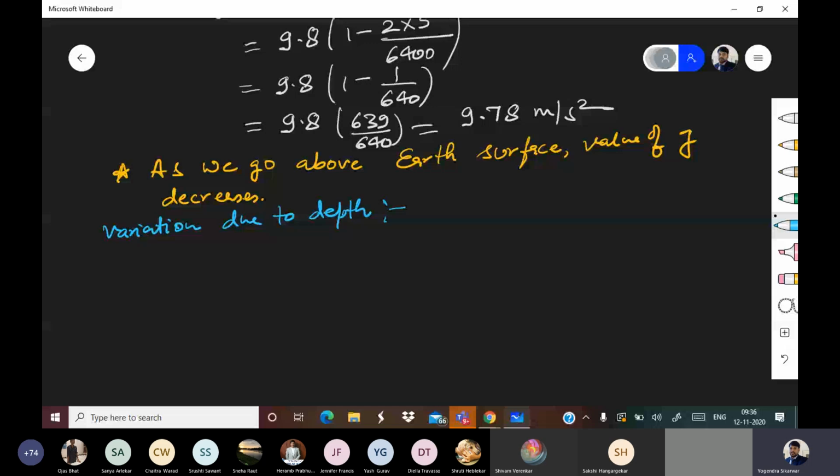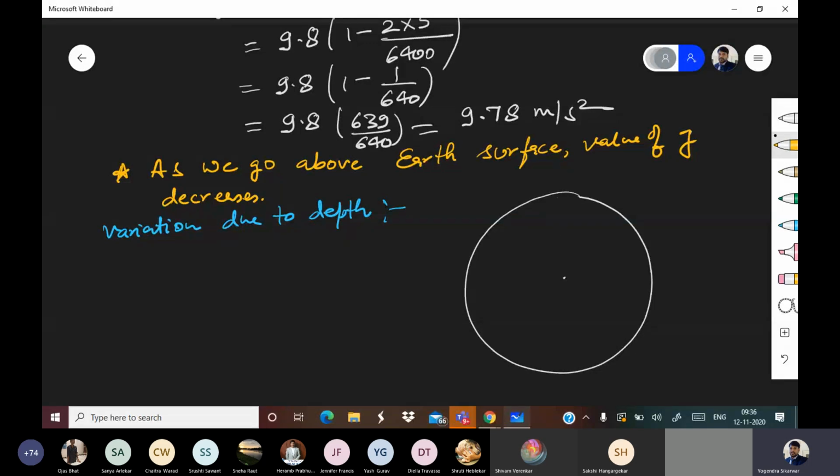Pay attention, everyone. So again, we need to draw Earth. So this is the Earth. Now we need to calculate g at a point, let's say Q, which is inside Earth.